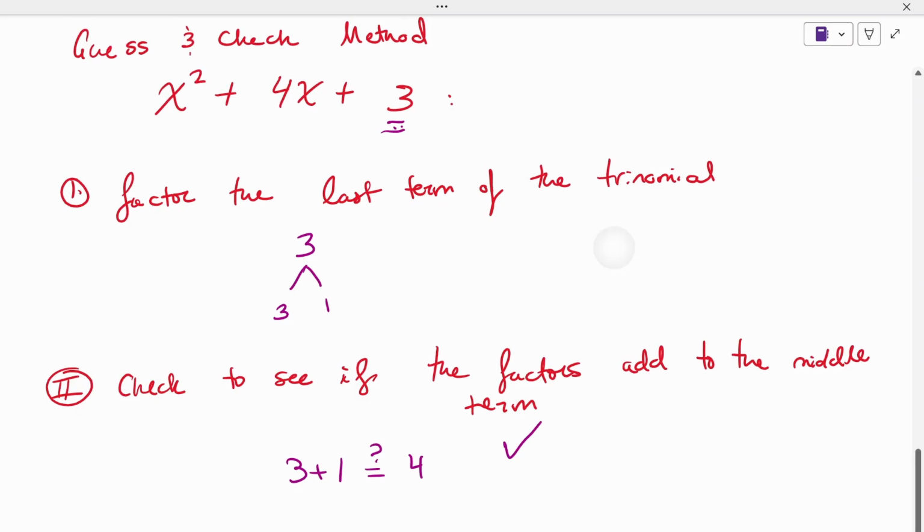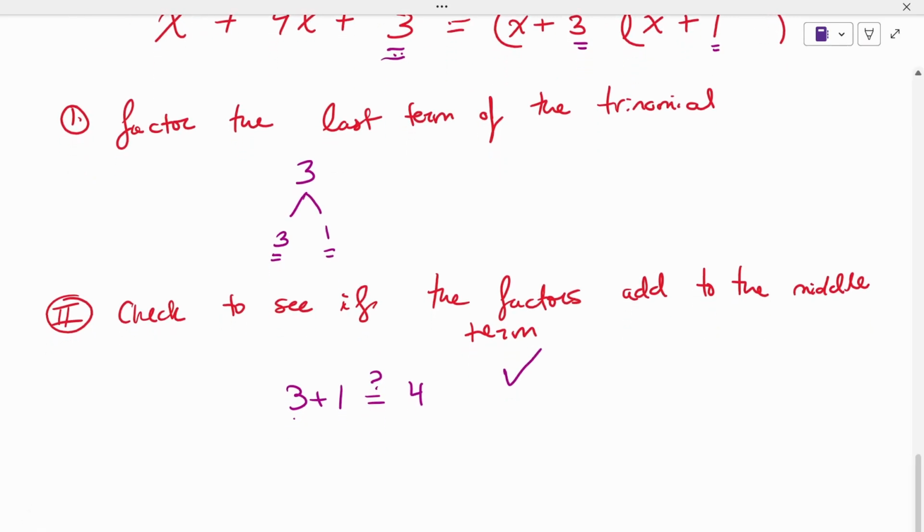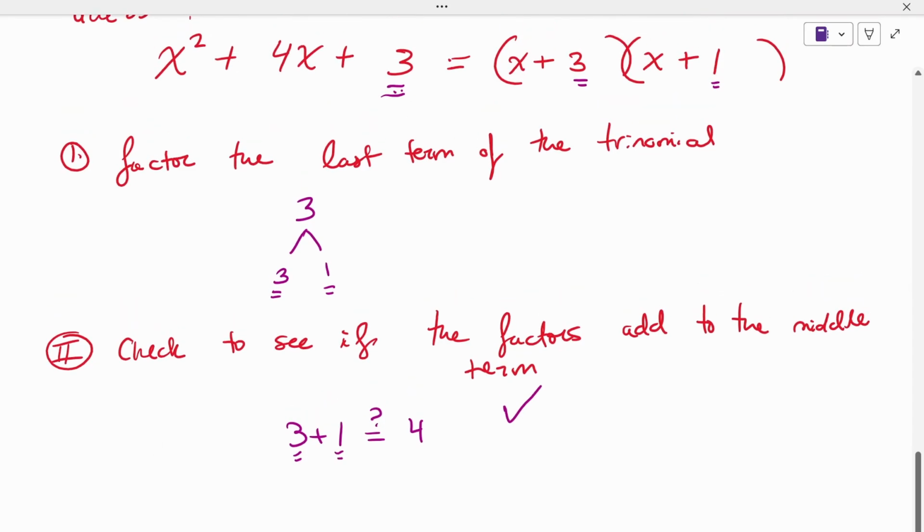So what does this tell you? This says that x squared plus 4x plus 3 has to equal x plus 3 times x plus 1, where this 3 and 1 come from the factors 3 times 1. And actually, to be specific, they come from the fact that these are the terms that are added to get the middle term 4.